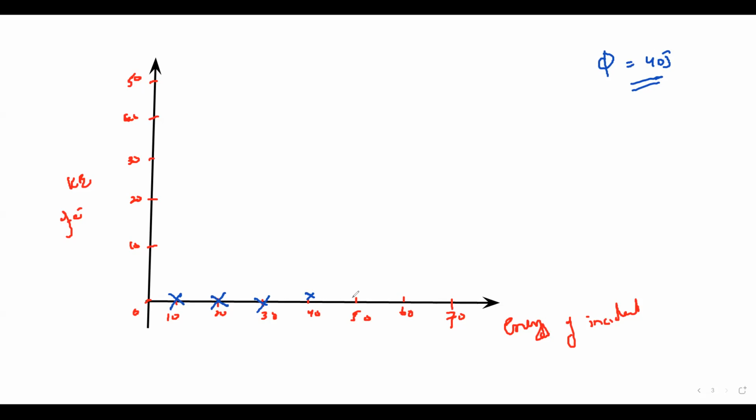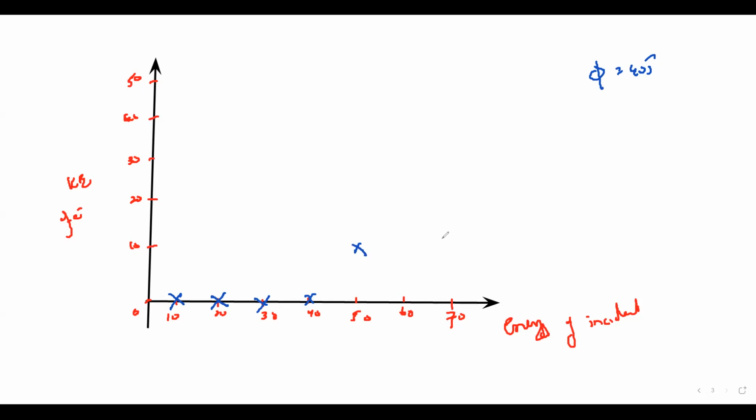So if the energy of the incident light is 50, what will happen? The work function is 40 joules, so 40 joules is used to come out, and the remaining 10 joules of the 50 is used as kinetic energy. So the kinetic energy will be 10.